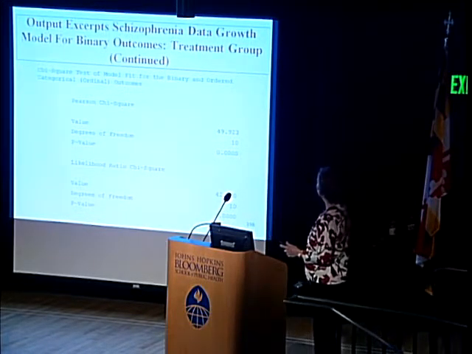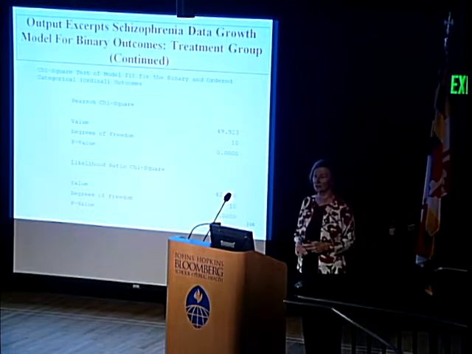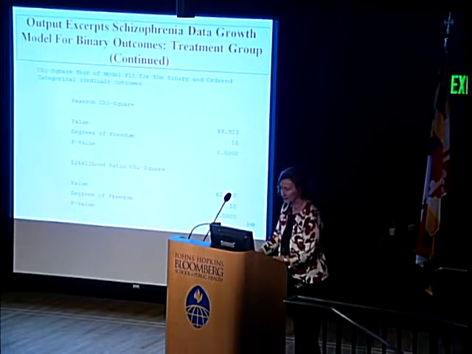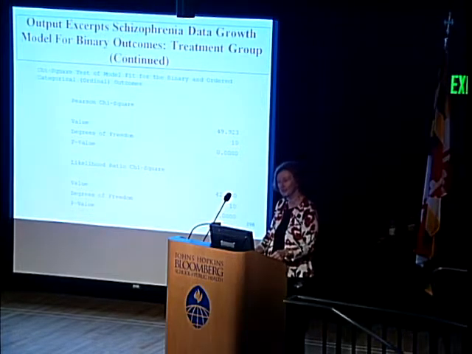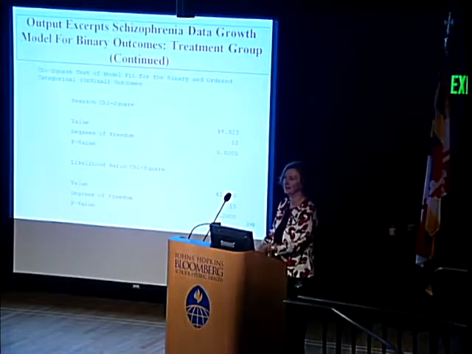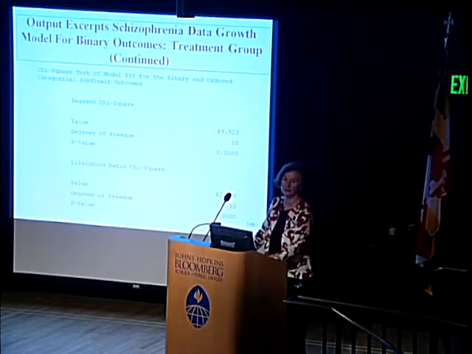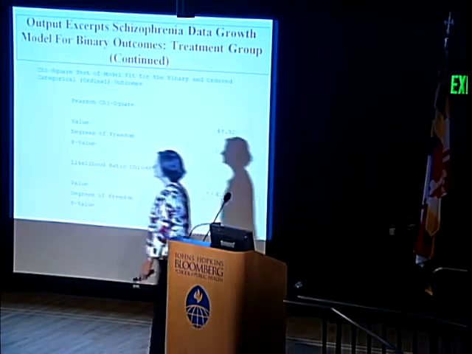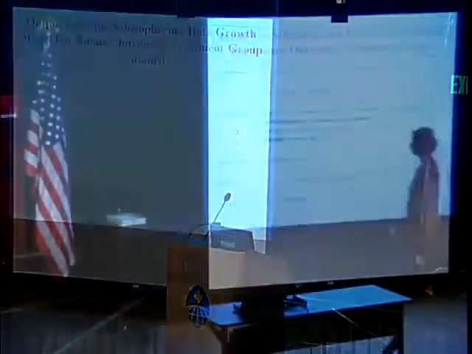But here, there's universal agreement that the model does not fit well. So then the question is, well, why doesn't it fit well? And we're going to take some time now to look at Tech 10 and see how we can use Tech 10 when we have categorical outcomes to figure out why the model doesn't fit well.